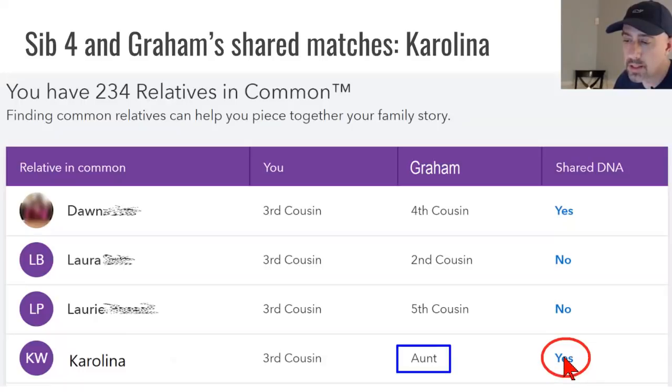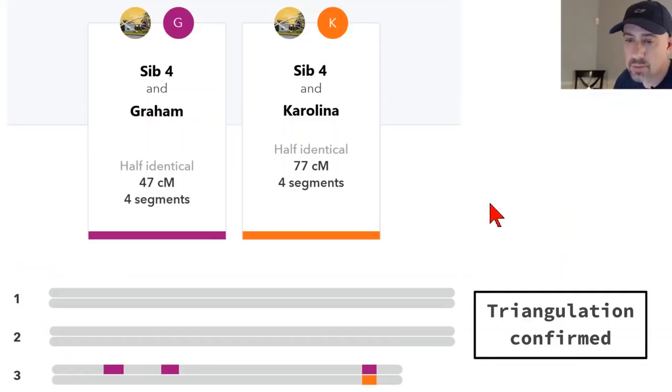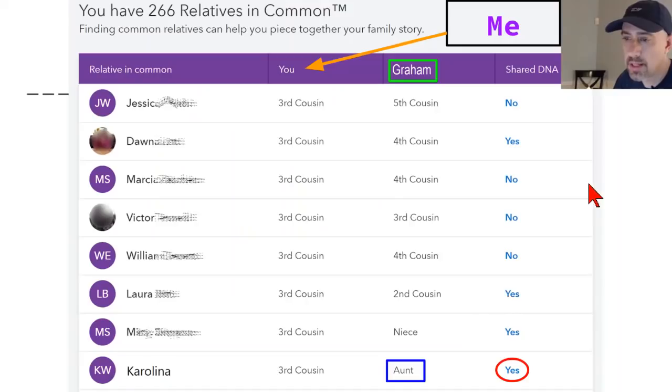So we click on the yes, and that takes us to the next page where we see that Graham and Karolina do indeed triangulate with my sister here on this third segment on chromosome 3 that we talked about earlier. So again, another layer of evidence, triangulation in this location, emphatically confirmed with the triangulation tool at 23andMe.